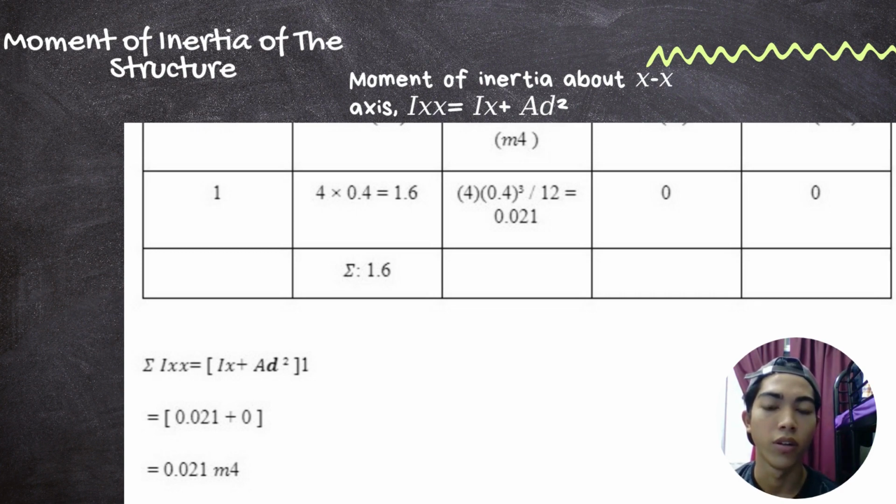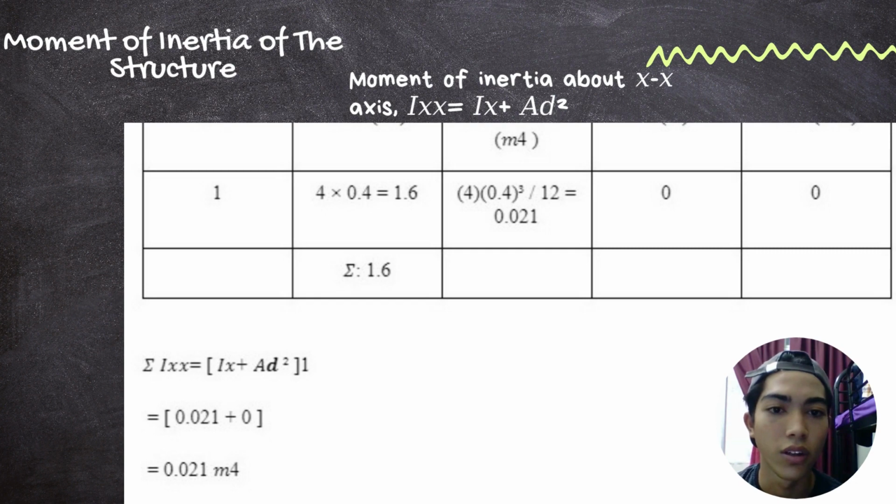Part one is the area, 4 multiply 0.4 equals 1.6. Ix equals bh cubed over 12, that we get 4 multiply 0.4 cubed over 12 equals 0.021.